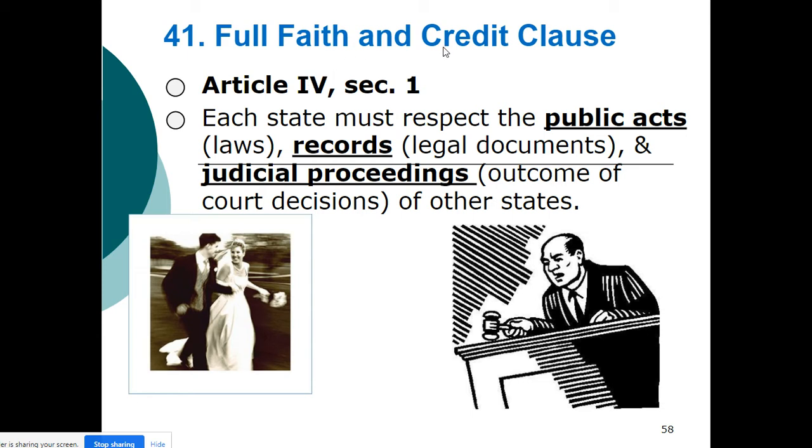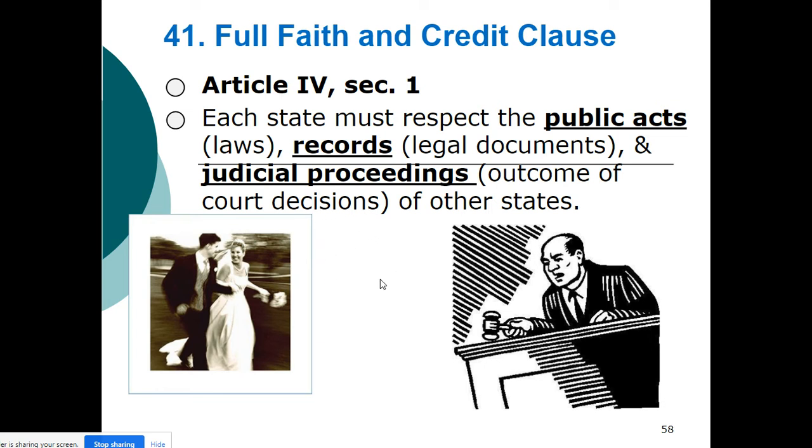All right, then you've got the full faith and credit clause. This is in Article 4, Section 1. Each state must respect the public acts, records, and judicial proceedings of other states. There was an issue where some states were banning interracial marriages. Pretty embarrassing. But the Supreme Court eventually determined that's unconstitutional.